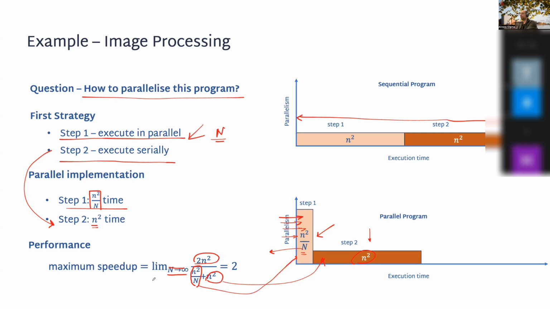And if you take the limit, you see that even if you use an infinite number of processors, your speed up will be limited by 2, which is very low. So in this case, just keep in mind that we fixed the problem size, and we are just evaluating the performance of this algorithm based on the number of processors, right?